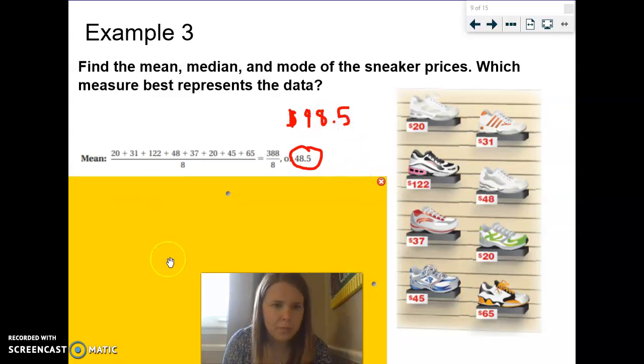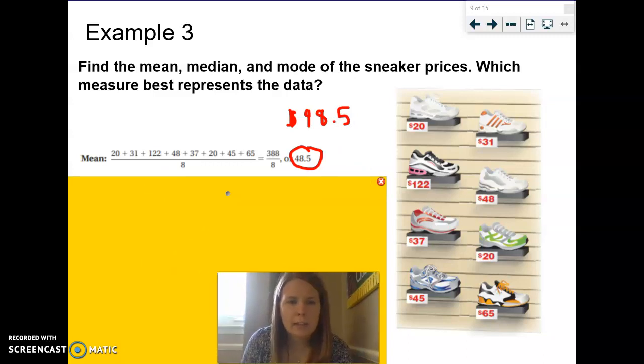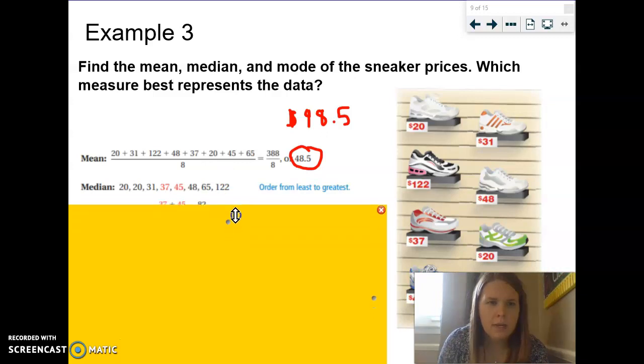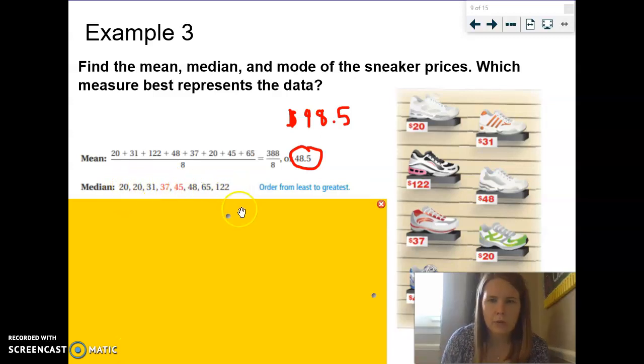Okay. Let's go ahead and look at your median. Median then, again, we would want to set this up in number order, from smallest to biggest. So going through and labeling these: 20, 20, 31, 37, 45, 48, 65, 122.